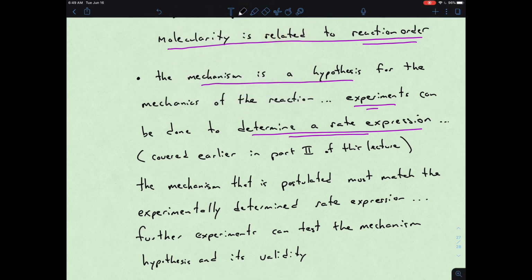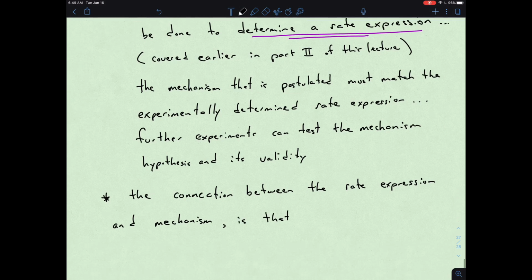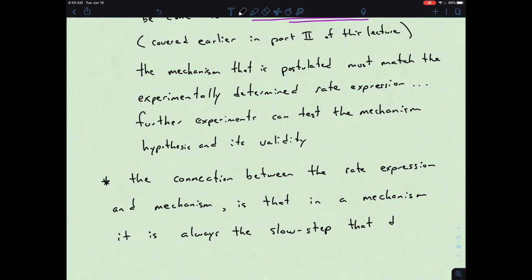The connection between the rate expression and mechanism is that in a mechanism, it is always the slow step that dictates the rate and rate expression.